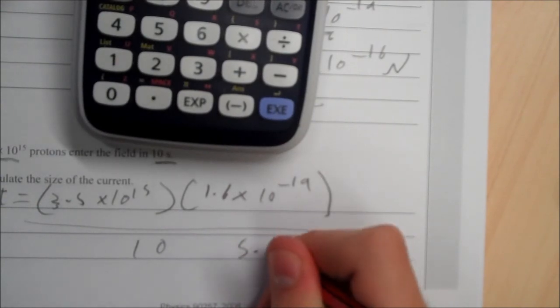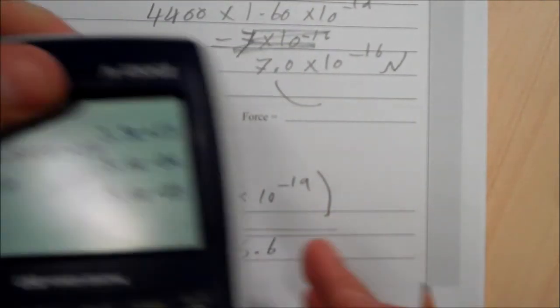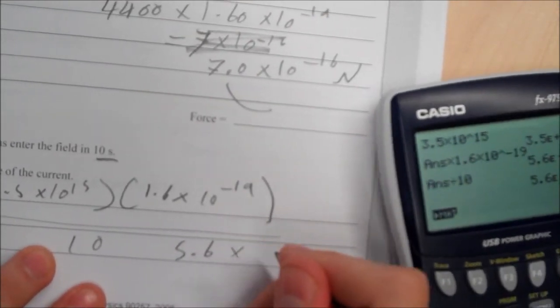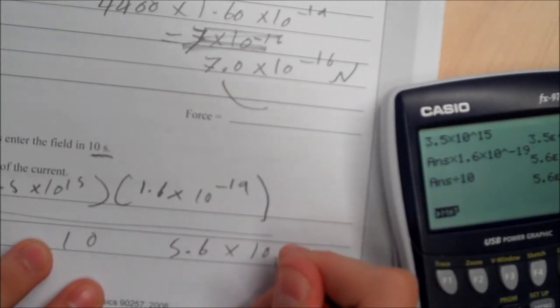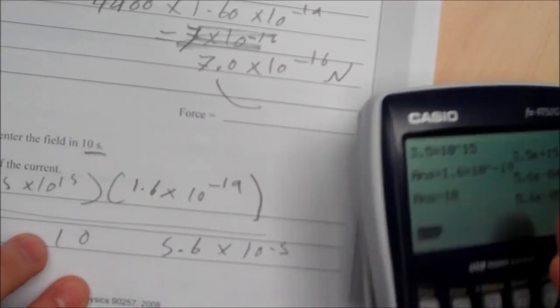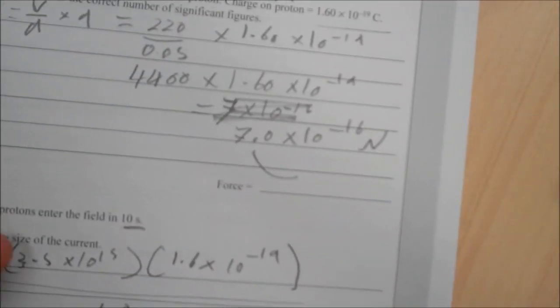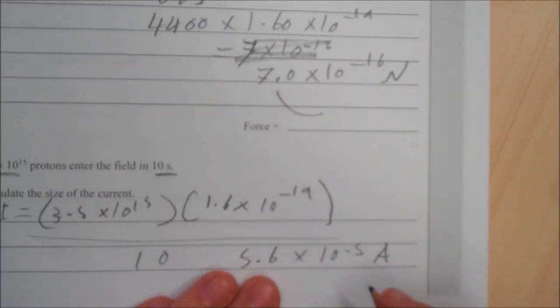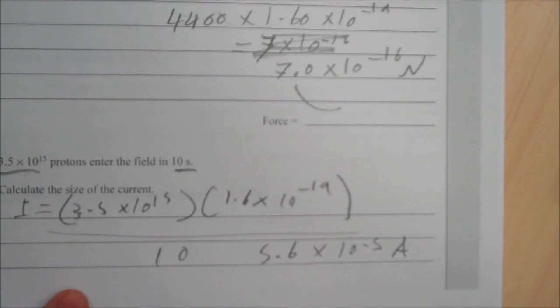So this is going to be 5.6 times 10 to the negative 5 amps, because current is measured in amps. I think that's it.